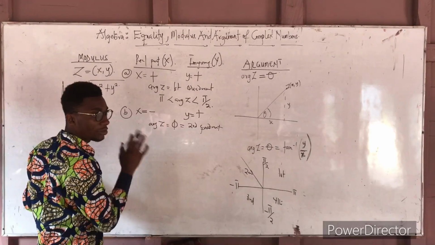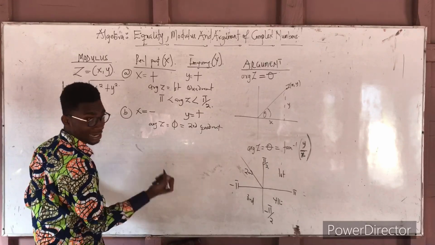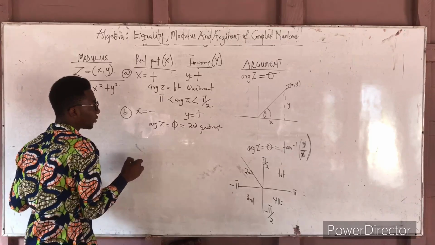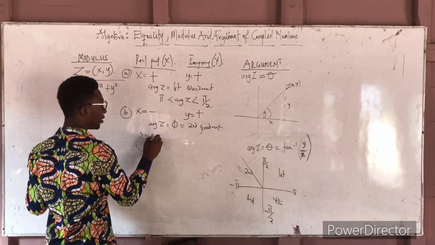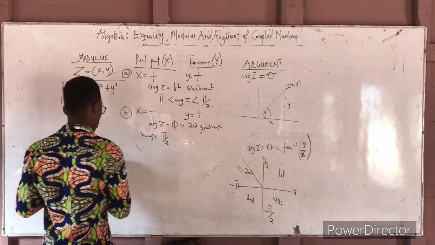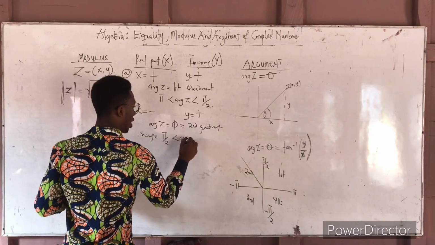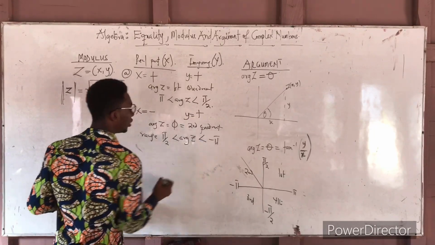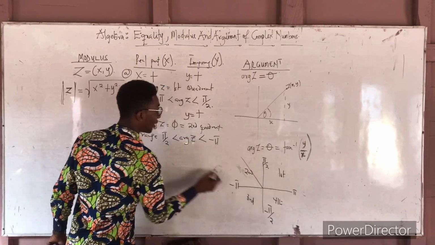What I'm doing here is very important. Follow, because when you are solving questions, you will understand it. Now, when you lie within the second quadrant, the range of it, the argument z, is in between what? Pi on 2 and pi.